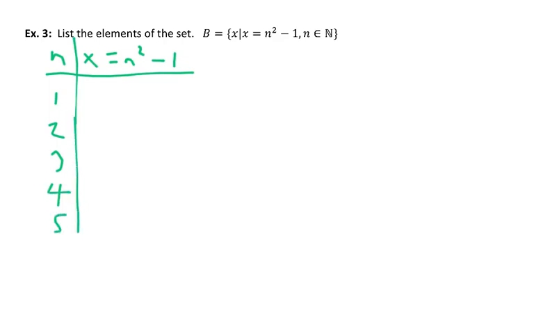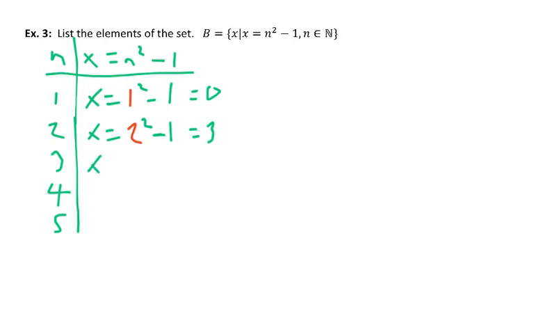We plug those into the formula. So x is equal to 1 squared minus 1. That would be 0. x is equal to 2 squared minus 1. That would be 4 minus 1 is 3.